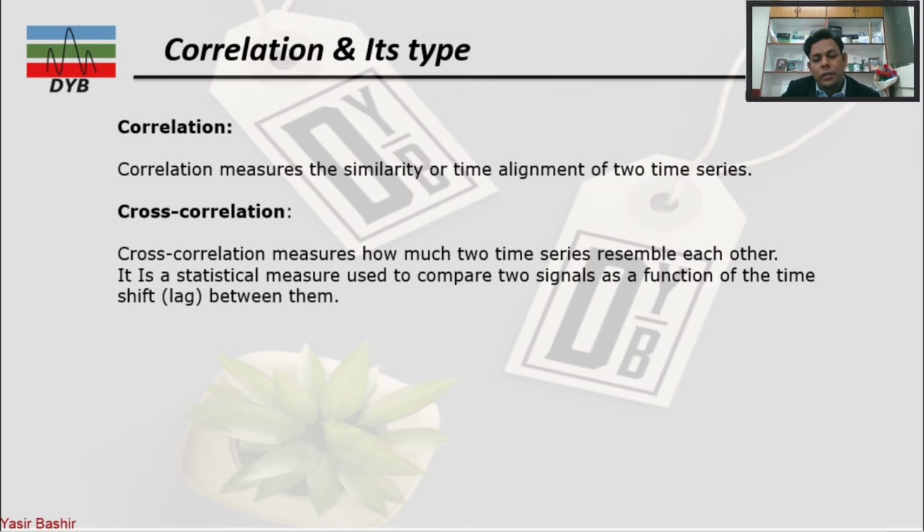So let's say you have trace 1 and trace 2. If we cross correlate these traces, then we can see how much similarity there is between them. It is a statistical measurement used to compare two signals as a function of time, and the shift is actually your time lag. I will explain the lag, or time shift, as well.